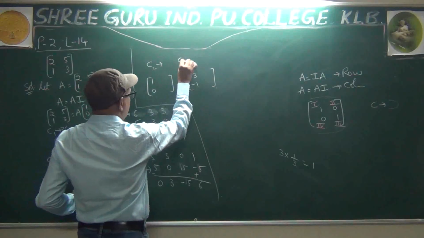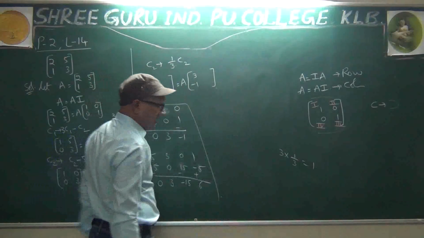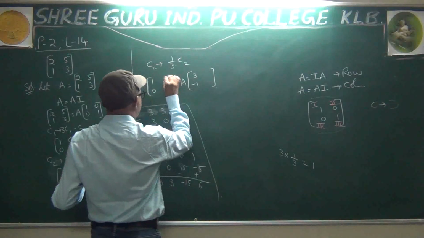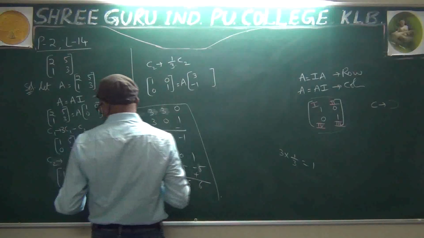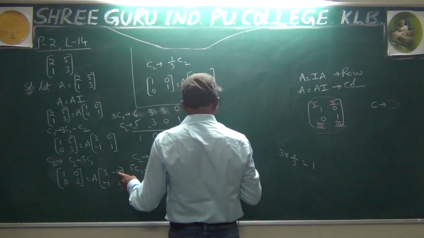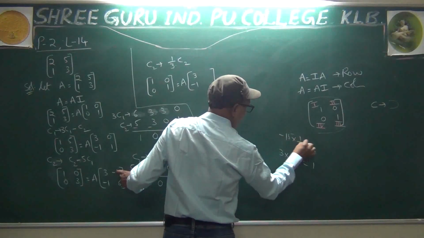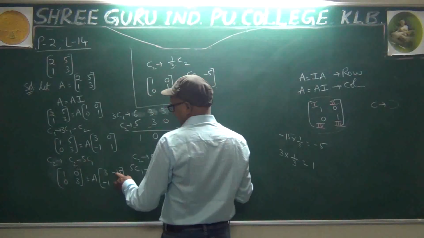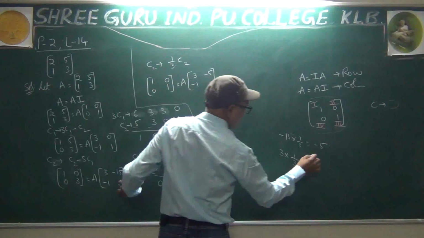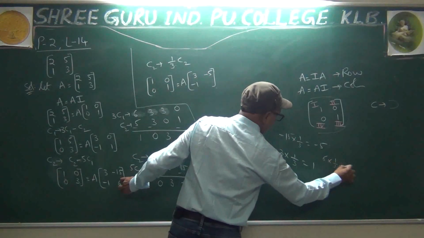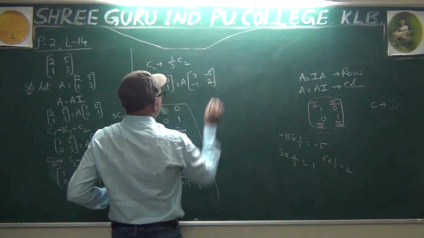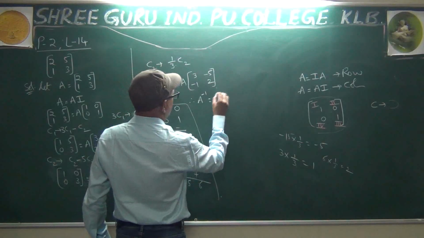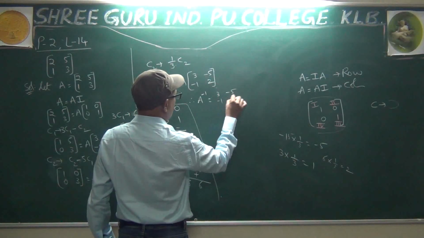Second column multiply with 1 by 3. 1 by 3 into 0, 0. 1 by 3 into 3, 1. 1 by 3 into minus 15, minus 5. 1 by 3 into 6, 2. Okay. Therefore, A inverse equals 3, minus 5, minus 1, 2.